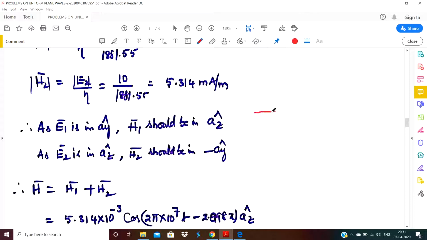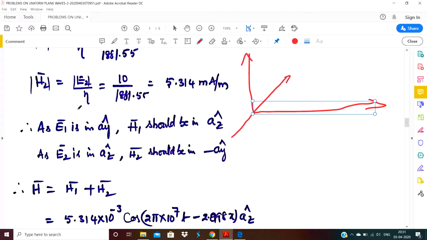It is very simple for us. Let us take this as the direction of propagation, the x-axis, and we have z, and we have the y-axis like this. So E1, the first component of the electric field, is along the y-axis. So this is y. I am using blue color for the electric field here.